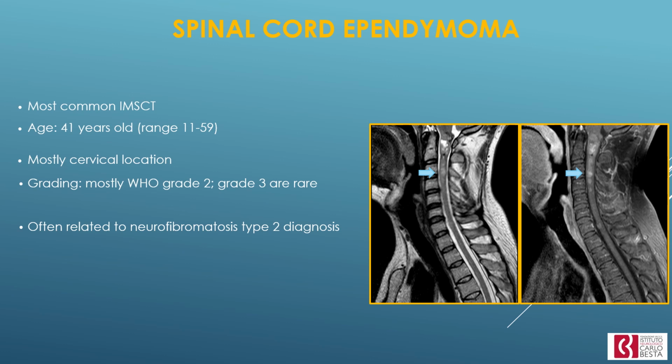Ependymoma usually affects 40-year-old males and females, and has cervical spine location. The grading is mostly grade 2, though we can rarely have grade 3, and it is often related to neurofibromatosis type 2 diagnosis.